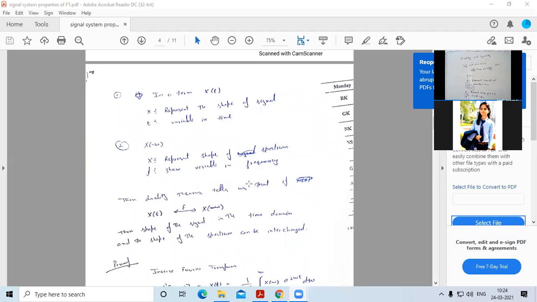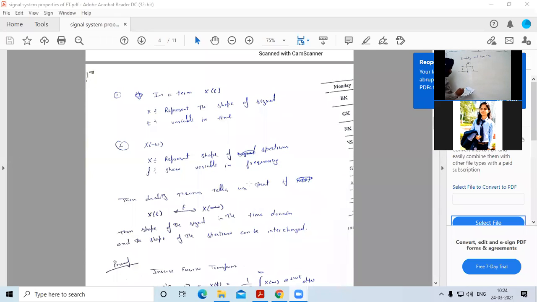Now I will draw one diagram from which I will explain this duality property. So try to understand this thing from this diagram. Like we are having this signal, this is the rectangular pulse, this is the x(t) signal.